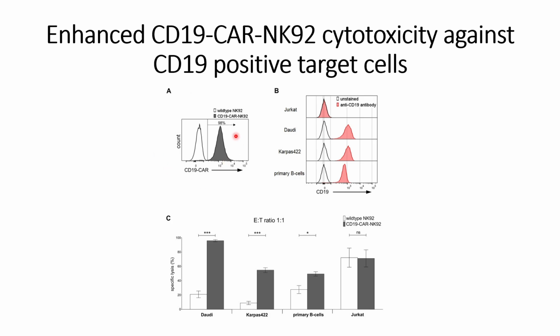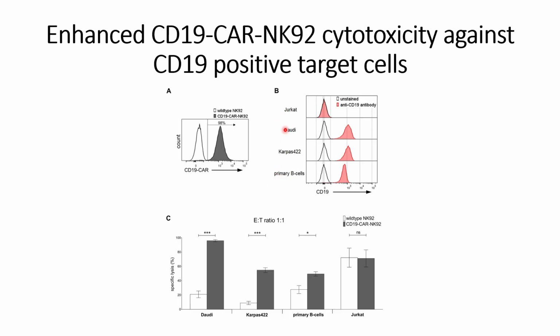Here we can see that 98% of the cells are now CD19 CAR positive, and thereafter they took different target cells, and some of those target cells are mentioned here, where they also checked the CD19 expression in these target cells.